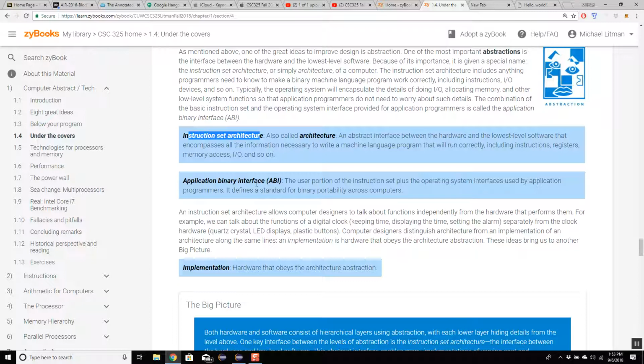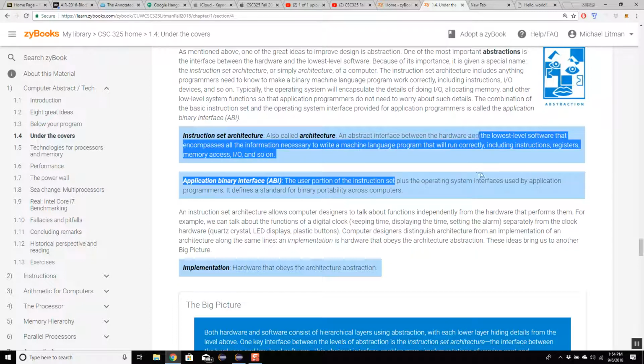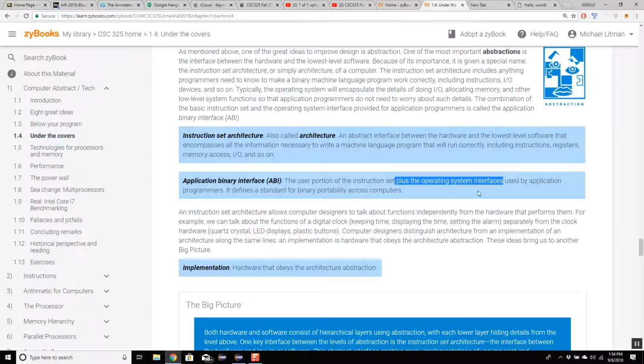So they're saying application binary interface, the user portion of the instruction set. So this is really where it connects directly into the operating system for compatibility across multiple platforms. I don't know that you want to distinguish between operating system specific instructions versus normal generic instructions.